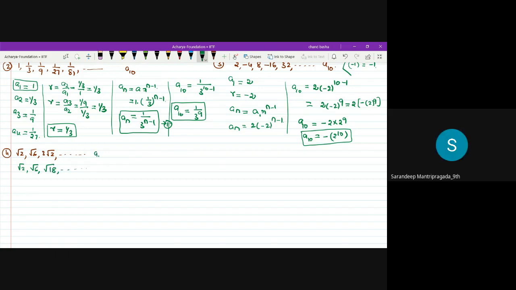Sir, first term is root 2. Sir, R is root 3, sir. Right, very good. Once we find the common ratio, your problem is over. Yes. Sir, root into root is again normal, sir. So root 2 into root 3 will be root 6, sir.